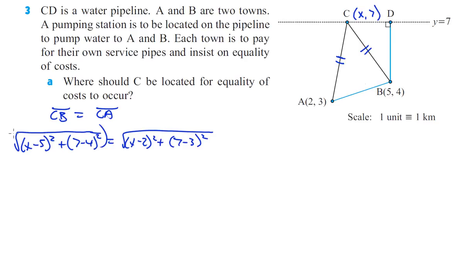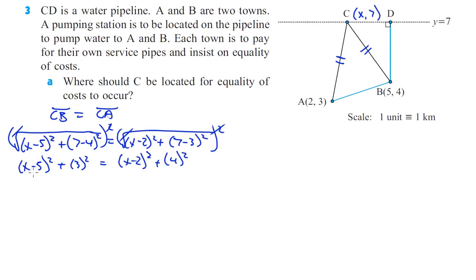Okay, so again, we can square both sides here to get rid of the roots. So we're left with x minus 5 squared plus, let's see, 7 minus 4 is just 3 squared. And we got x minus 2 squared plus 7 minus 3 is 4 squared. Okay, so let's square each one of these things here.